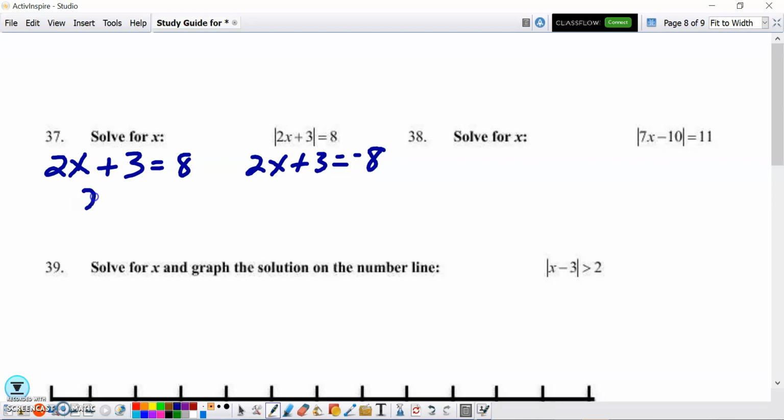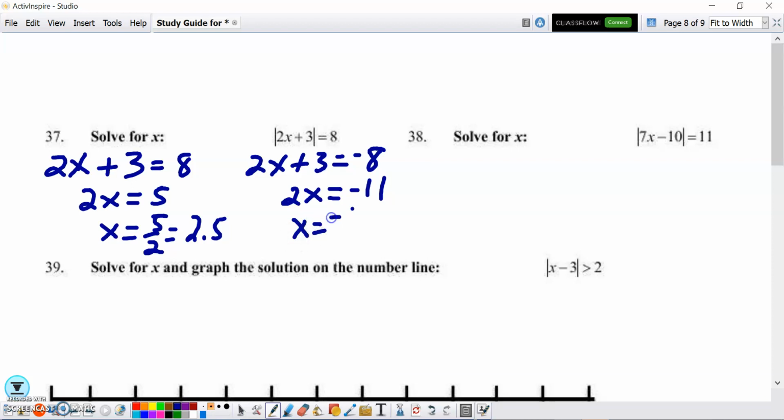So I'm going to subtract 3. We have 5. Divide by 2. We have 5 over 2, or 2.5. Over here, subtract 3, we got 2x equals negative 11. Divide by 2, x equals negative 11 over 2, or negative 5.5.